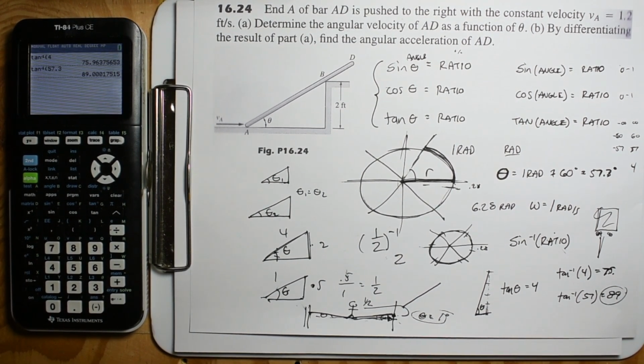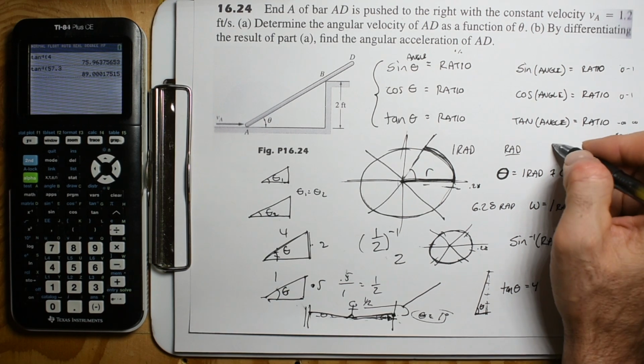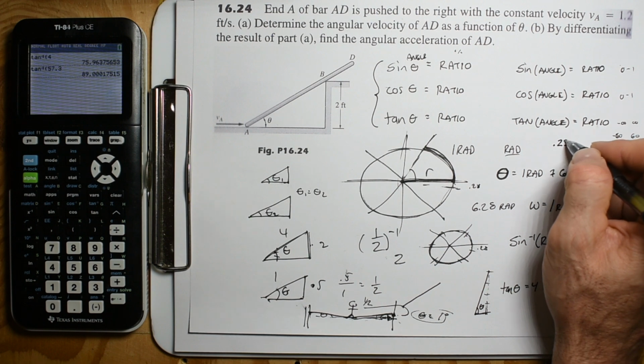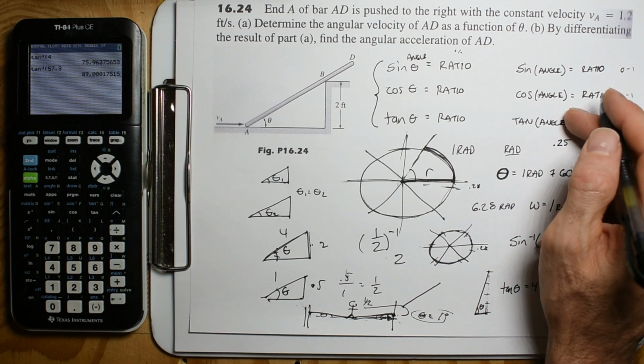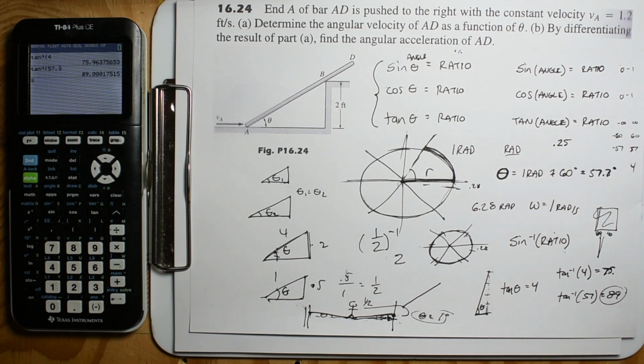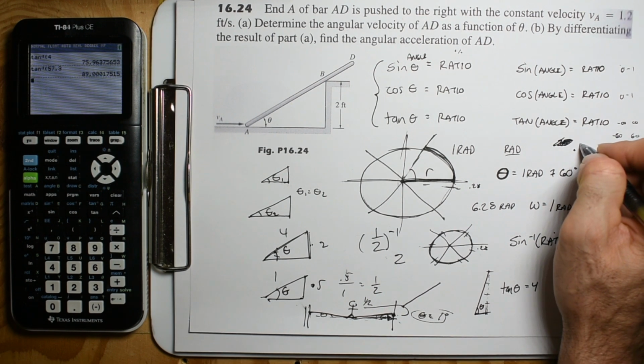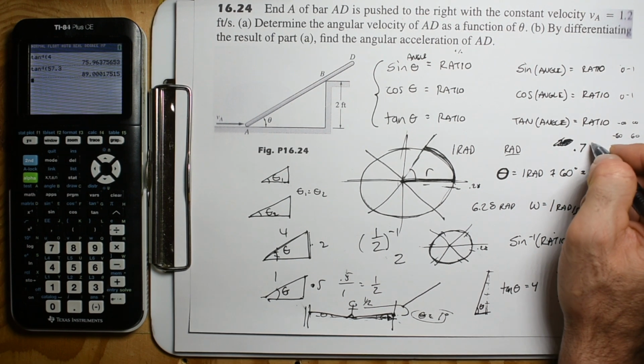All right, sweet. And then let's do a cosine one. I want the ratio to be, how about 0.7, like 70%.